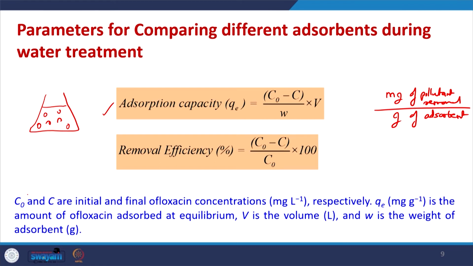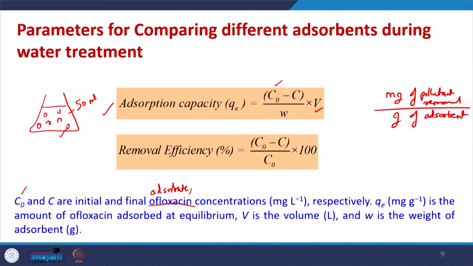C0 is the initial concentration of any afloxacin or other adsorbate in the solution, and then we cross-check the final concentration. The example is for afloxacin. Suppose afloxacin is there in the wastewater. We check the initial afloxacin concentration and the final afloxacin concentration, and this way we can find out C0 and C.